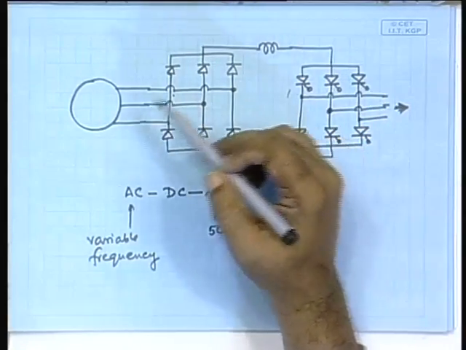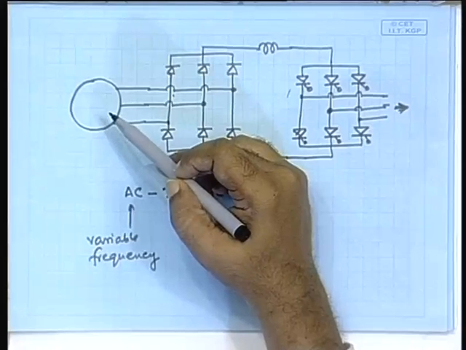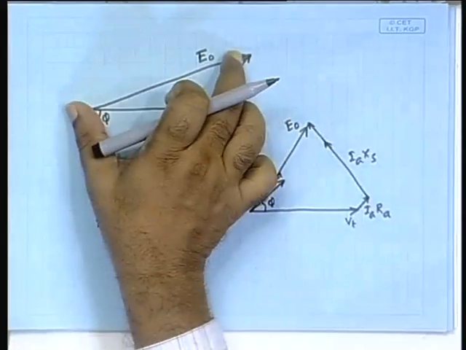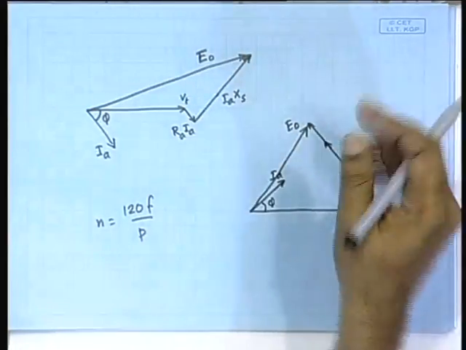In some cases people are also considering permanent magnet machines, where the field is constant, because as I told you, in a power plant, in a thermal power plant, the machines are not permanent magnet machines, because in order to supply a varying amount of reactive power, you need to vary this, and the way to vary this is by varying the field, right.